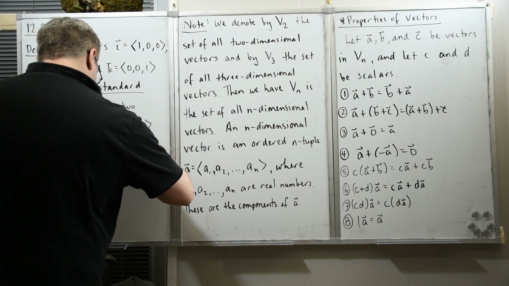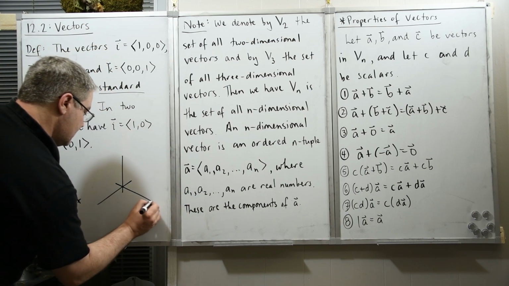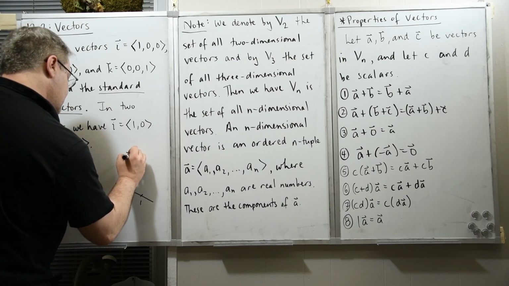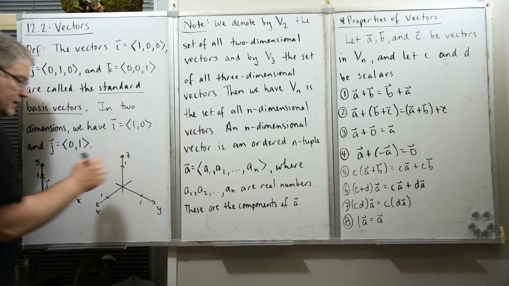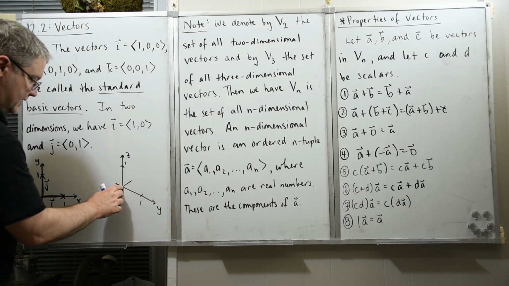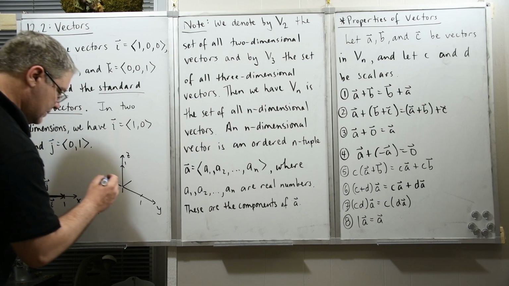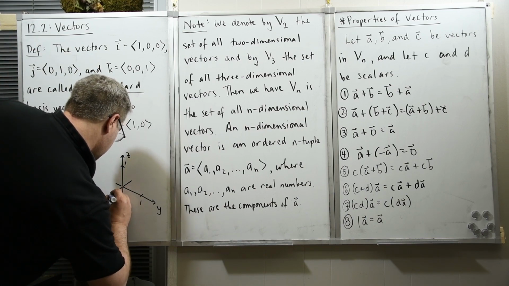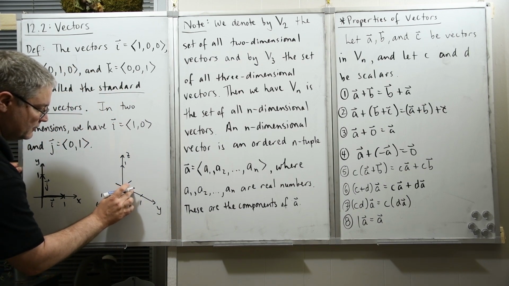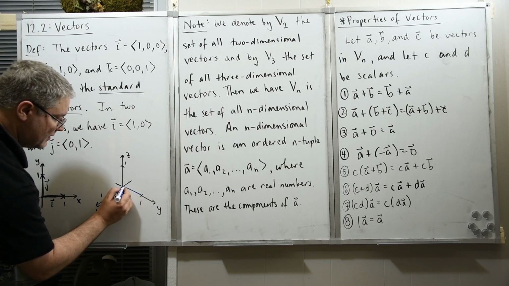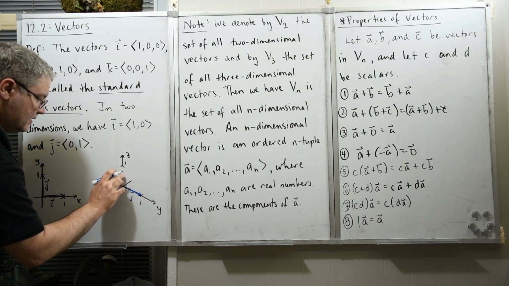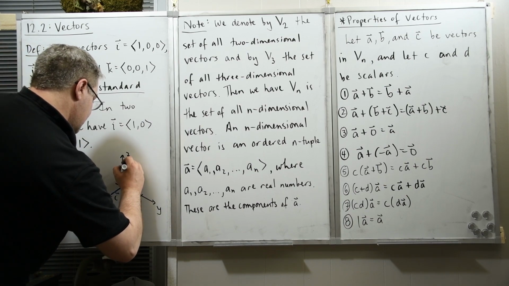Similar fashion, 3 dimensions. So you have 1 here, 1 here, 1 there, X, Y, and Z axes. And if you take a look at the vector I, that'll be this vector here. Right, so there's I. Vector J will be along there. And the vector K will be along there.